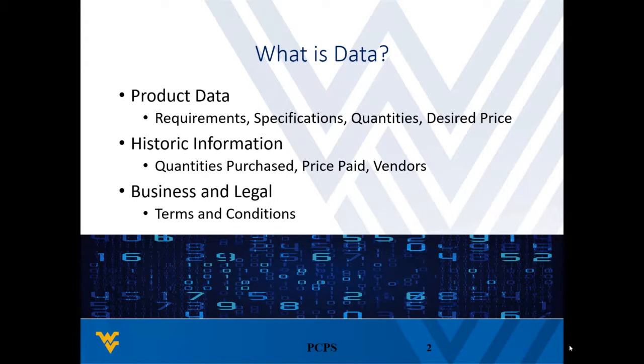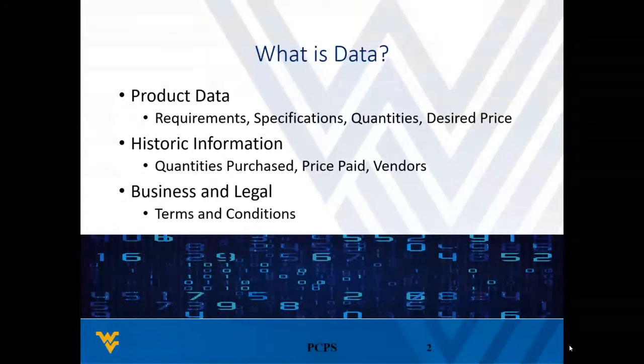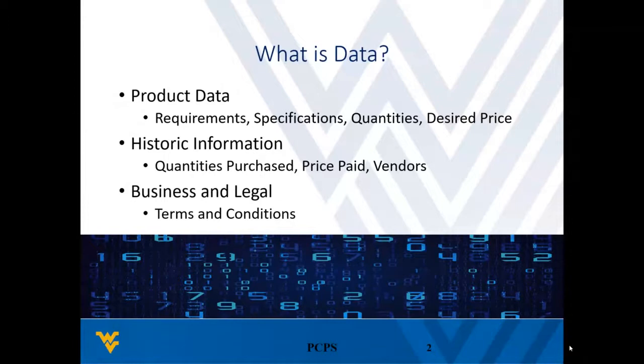I mean, those are examples of specifications. Quantities, and what I mean by quantities in the product data realm is really, a car has 4 tires. So 1 unit, which would be a car, would have 4 tires and a desired price, right?